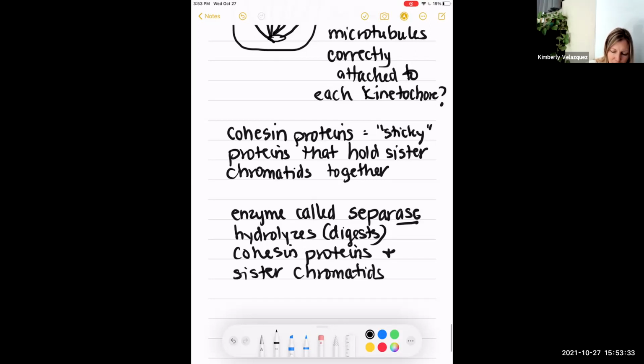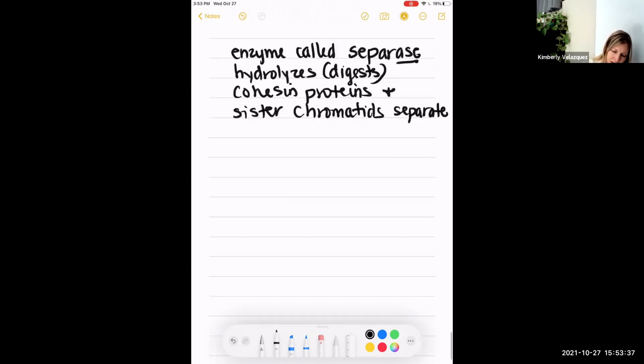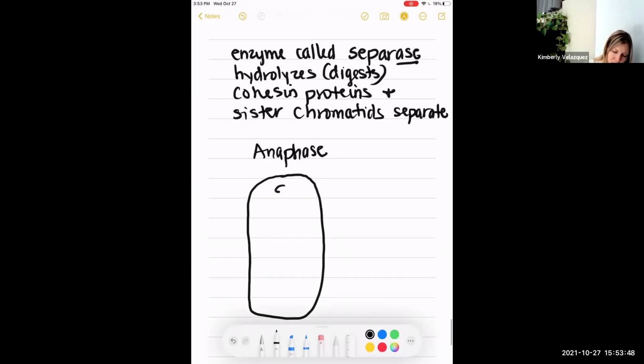And the second those sister chromatids separate, that cell is now in anaphase. In anaphase, sister chromatids separate and migrate to opposite ends of the cell, opposite poles of the cell, I should say.